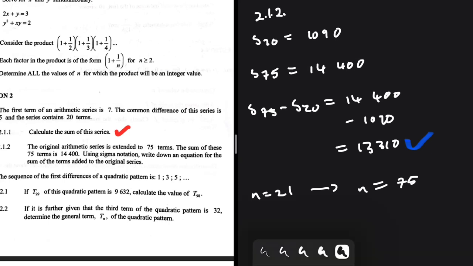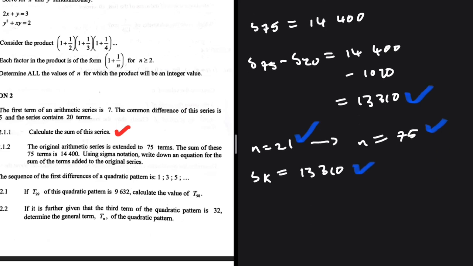And we actually know the sum of those terms that are added. Let's just call it SK. We know the sum is 13,310. So we have the number at the bottom, the number at the top, the sum itself, and then the equation Tn is equal to.